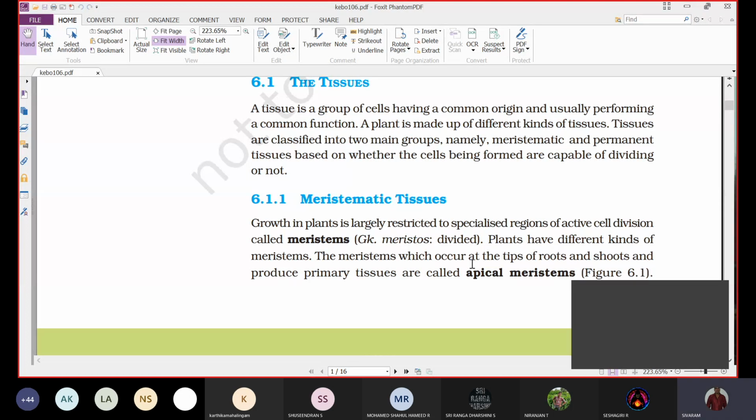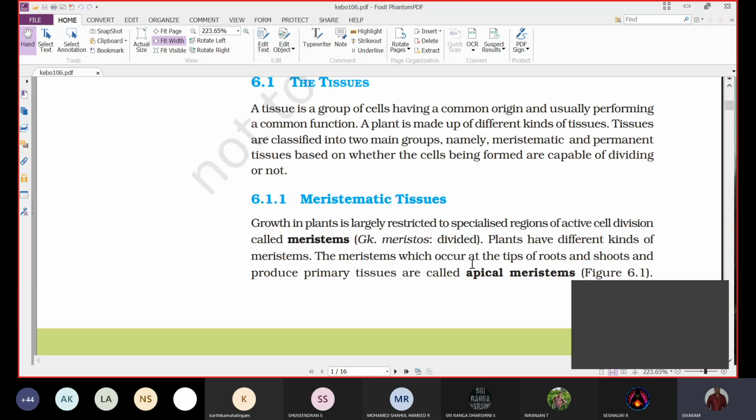That is, the plant tissues are basically divided into two main groups called meristematic tissue and permanent tissue. The differentiation of these tissues mainly depends upon whether they are capable of dividing or not.